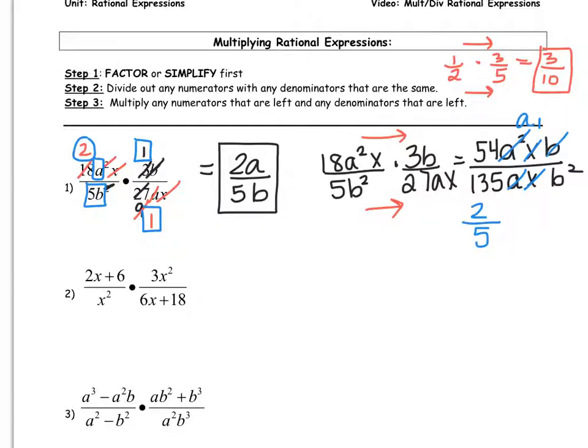This b canceled with one of these b squareds, so there's a b on the bottom. So that finalizes our answer that we have an a and a b on the top and then on the bottom. So just know that you can multiply things, either multiply first and then simplify, or cross simplify first and then multiply. Now you're going to find with the more examples that we do that this method is actually going to be more helpful. So let's show you why.